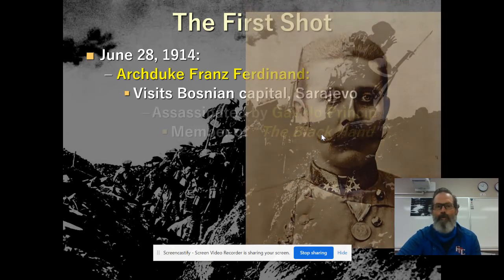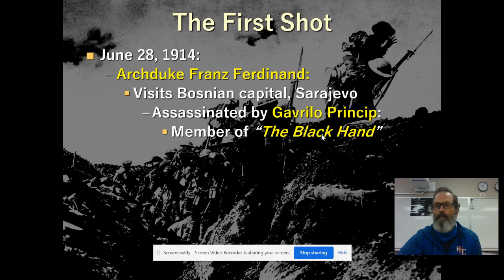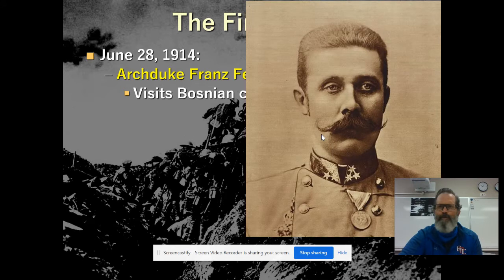And there was a group of people from a terrorist organization in Serbia called the Black Hand who were sent in there, maybe not sent by the government. Certainly, the government never acknowledged that, but they went into Bosnia to do this assassination attempt against the Archduke, the heir to the throne in Austria-Hungary. Now, something interesting about him is he was a moderate.